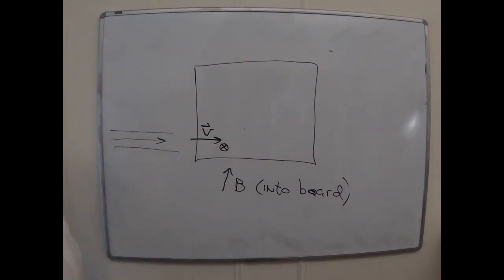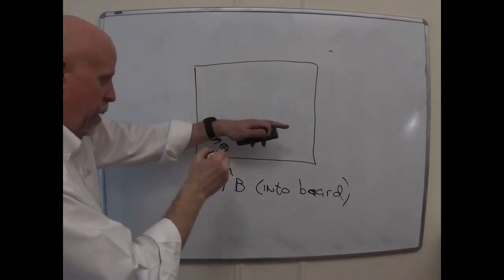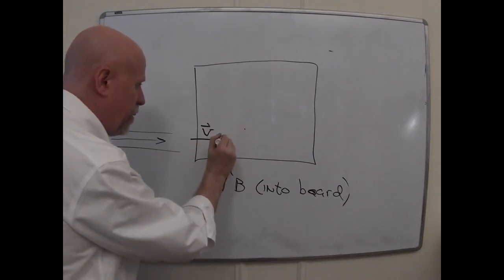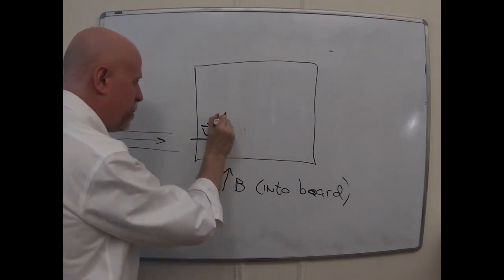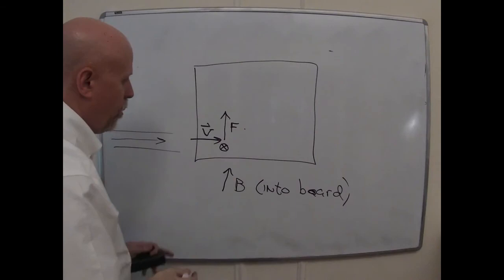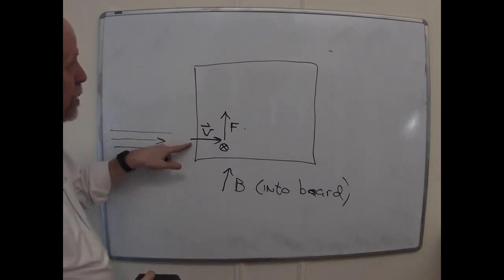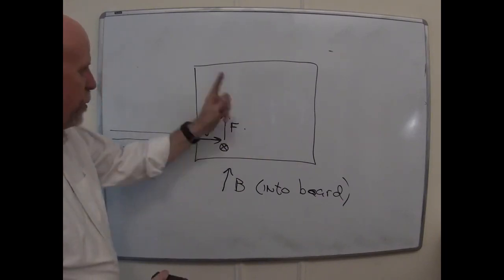What's a direction that's perpendicular to both of those? This one's into the board, this one's that way. The only possibility is that way, right? So the force exerted on this thing goes this way. Well, it depends actually on the charge of the particle. I believe it's negative ones that will curl the way I'm expecting.